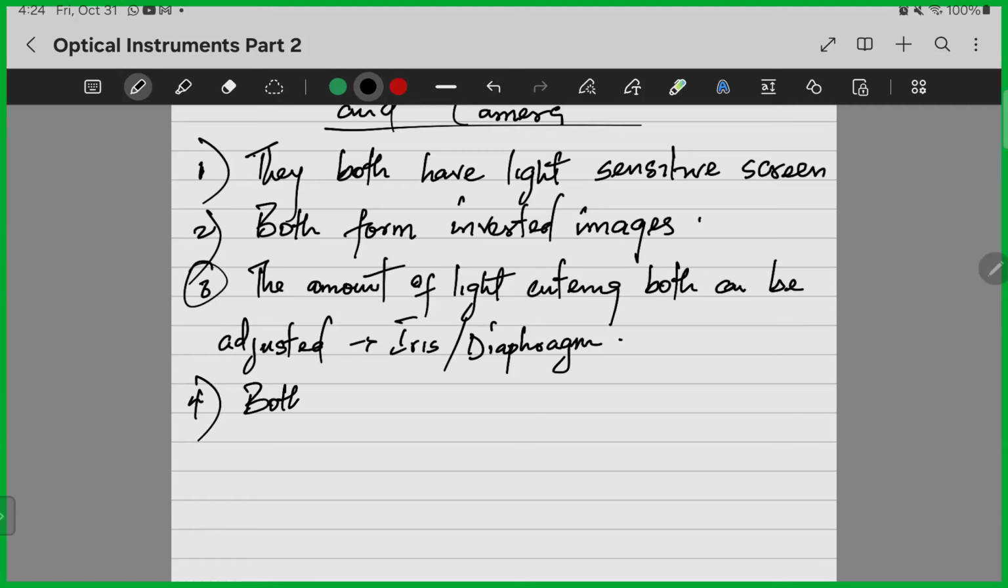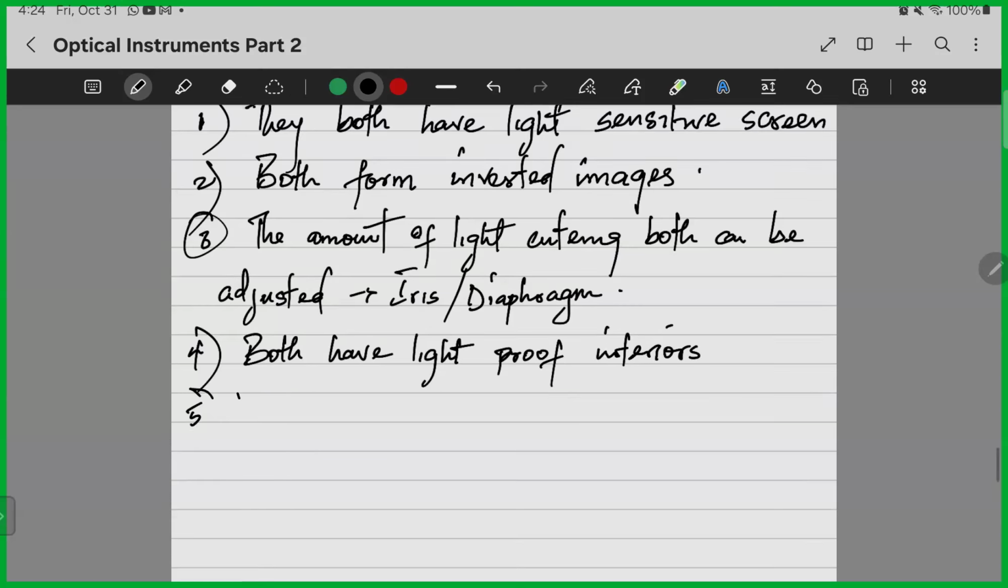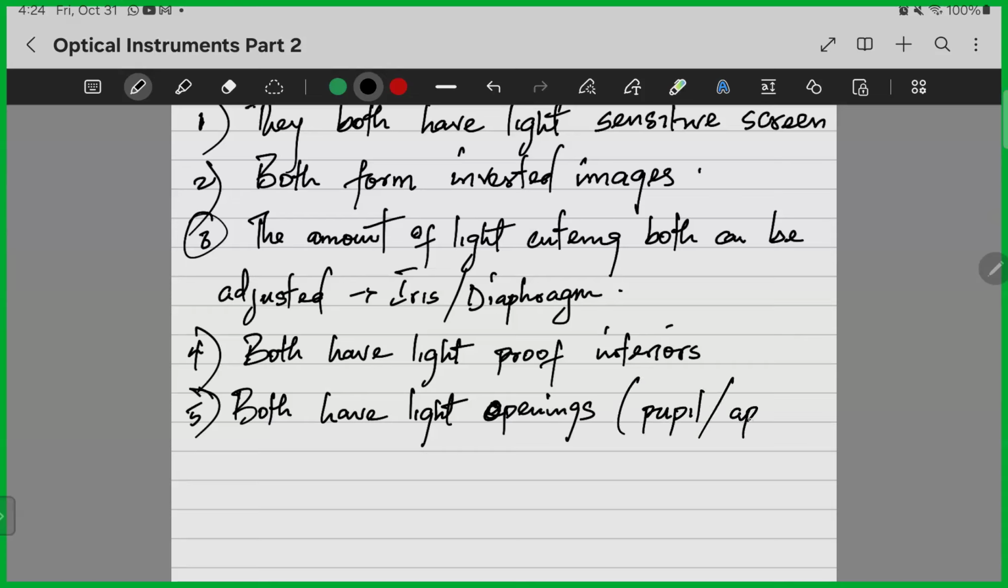Both have a light-proof interior. Both have light openings, and in bracket, pupil or aperture. In the case of the eye, it is the pupil. In the case of the camera, it is the aperture. Those two things play similar roles, and that's light opening.